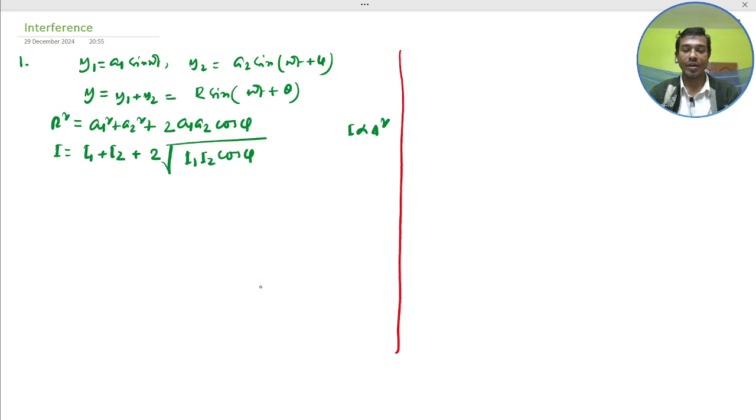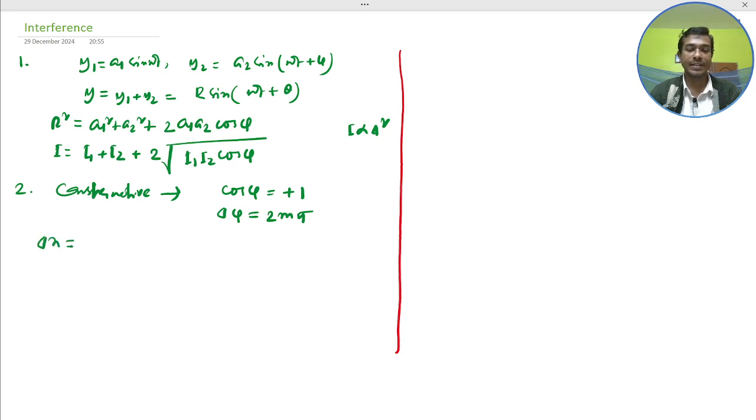Next one, constructive interference and destructive interference. So first one, the constructive. For constructive interference, cos phi is plus 1, which implies the phase difference delta phi is 2m pi, an even multiple of pi, and the path difference delta x, using lambda by 2 pi into delta phi, would become m lambda.